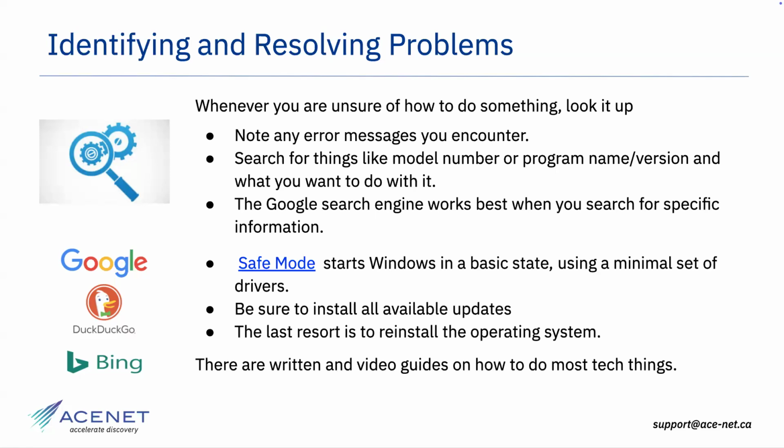Search for things like model number or program name and version, and what you want to do with it or what errors you are experiencing. You may find there is a particular fix available or advice from other users. And for smaller freeware programs, you may even find posts from the developer.